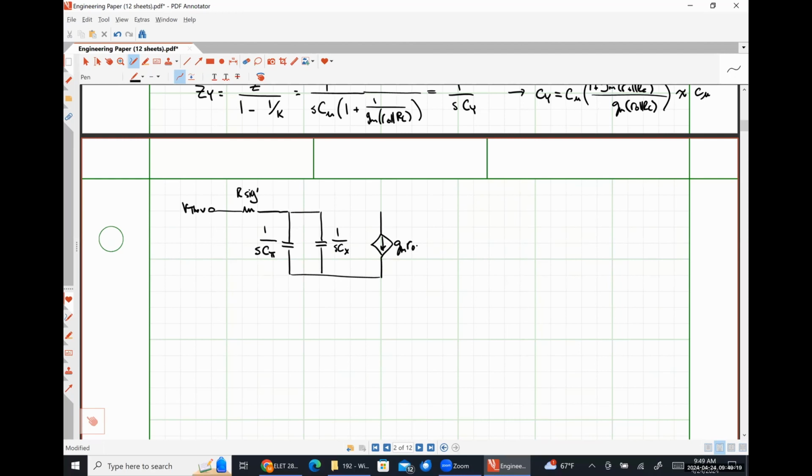Sorry, that shouldn't be GM R naught, that should be GM VBE. My apologies. Here's our voltage VBE. Here's our resistance R naught prime from before.